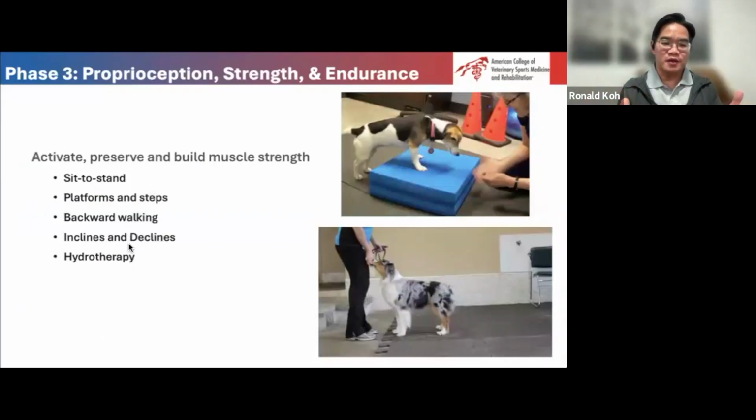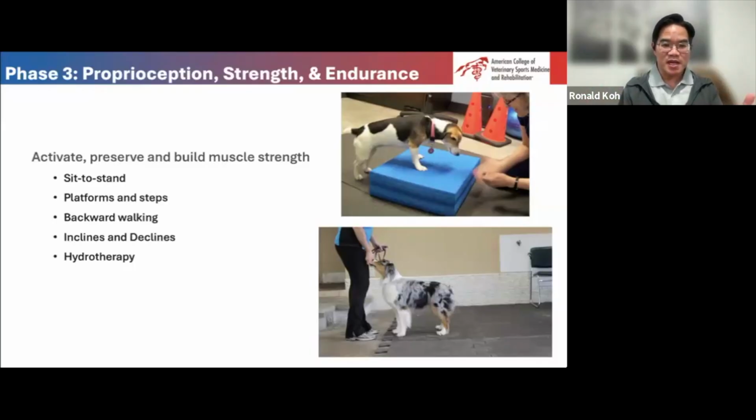Other exercises for strengthening muscles: sit to stands, platform, or steps. Have the dog's front limbs step onto a higher ground or a higher object. This shifts the body weight to the back legs, because a lot of dogs, especially small dogs, when they recover, might pick up a bad habit where they put more of the weight on the front limb. So every time they get up, they use the front limb to get up rather than using the back leg.